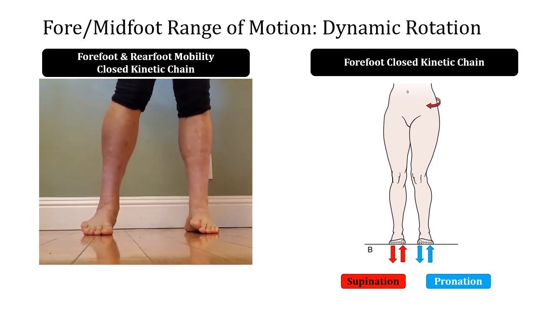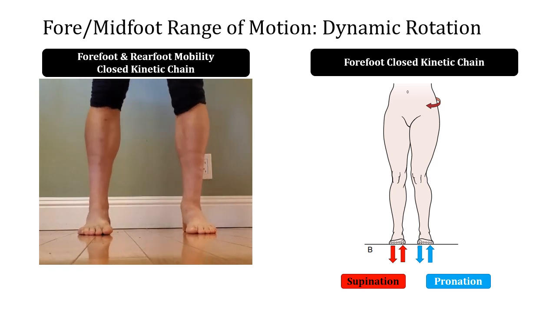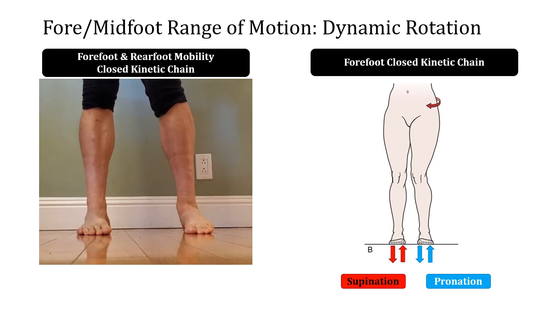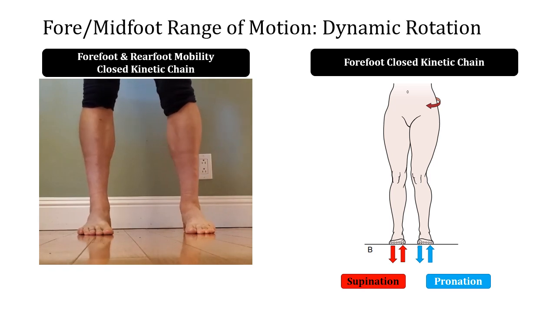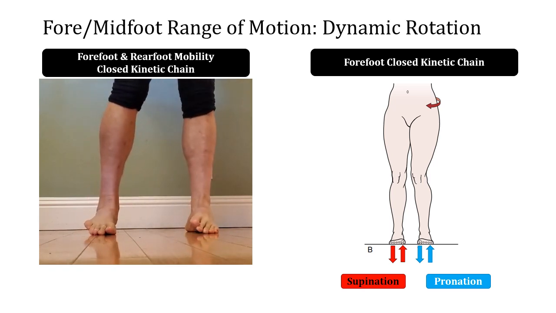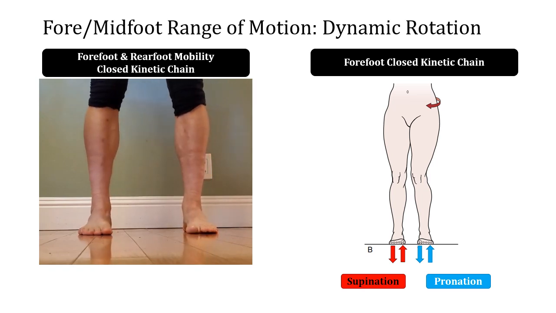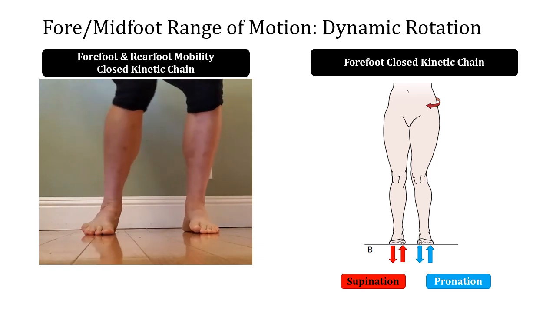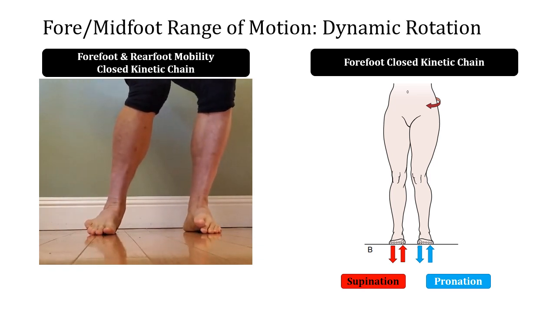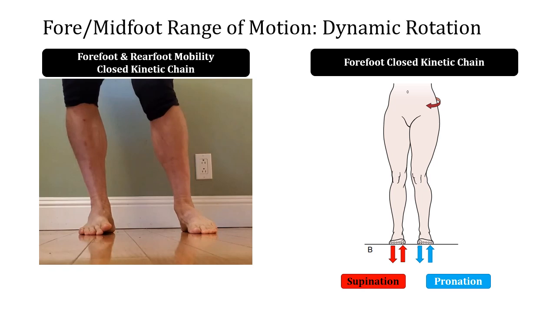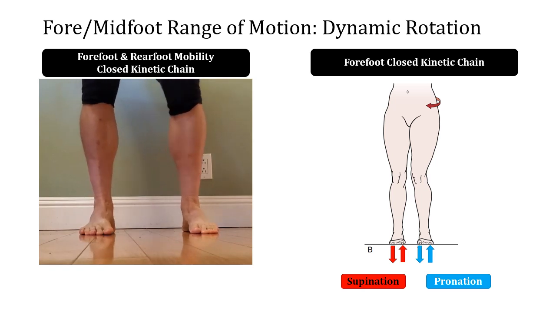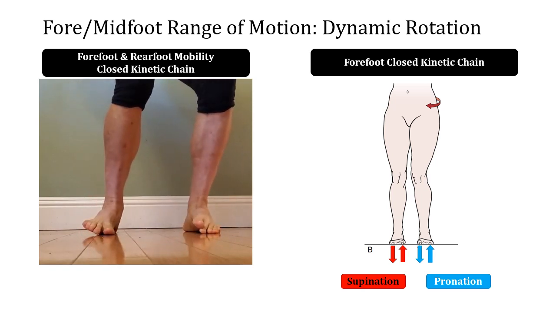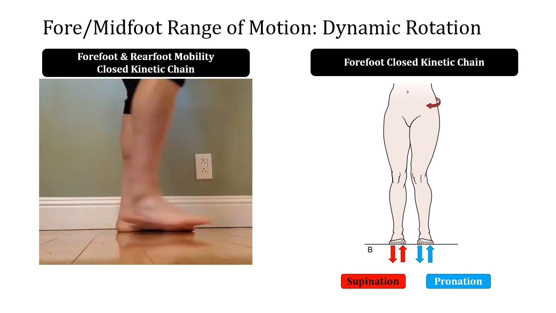You can see it in live time in the video, and then to accentuate the different movement patterns of the forefoot into pronation and supination, you can see that in the small schematic to the right. And then if you're still in question, if you have the person do a mini squat, by squatting, that puts a little bit more tension on the system and can further exaggerate the pronation and the supination.